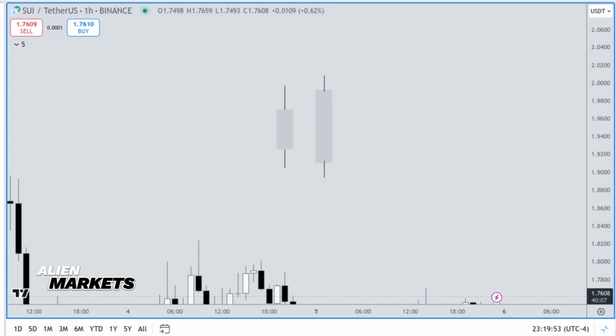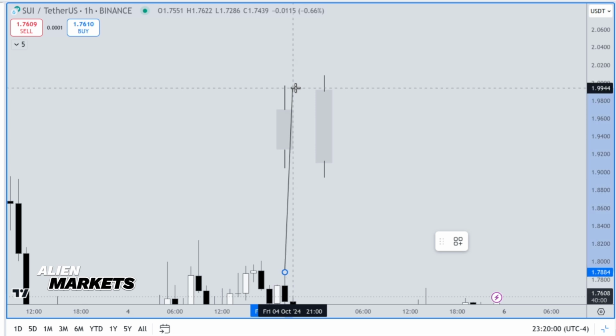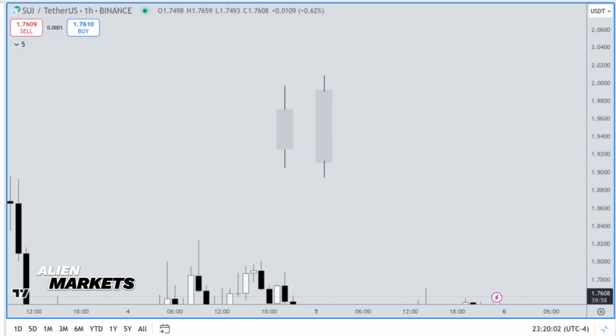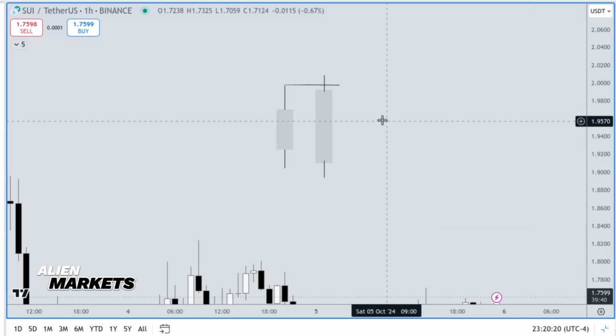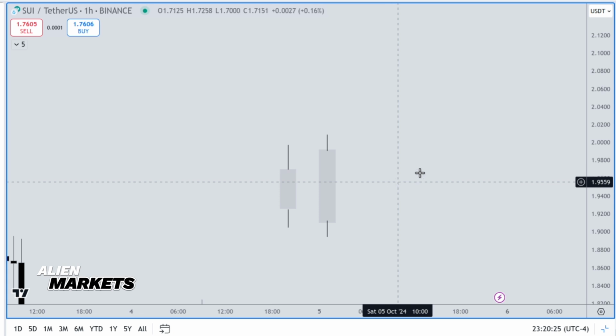This is an outside bar because this high was taken here and this low was taken here, right? So this is an outside bar. Larry Williams talked about this, and there's plenty of information about this. But what I want to share with you is what happens when there is an outside bar.